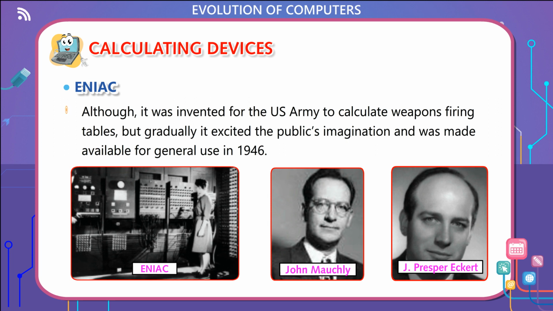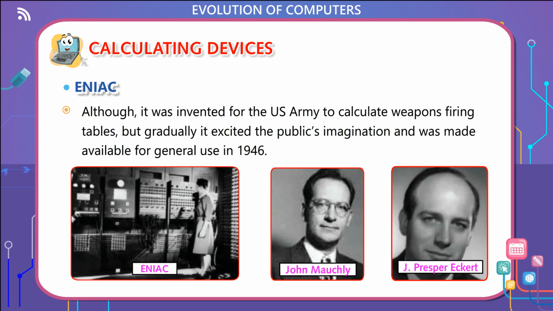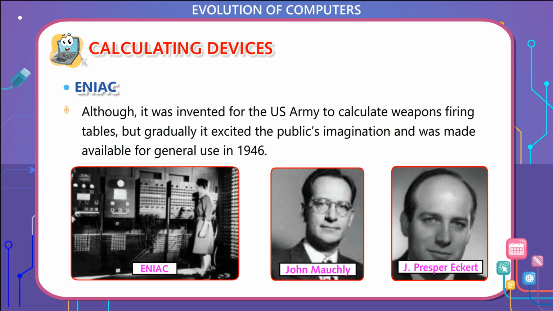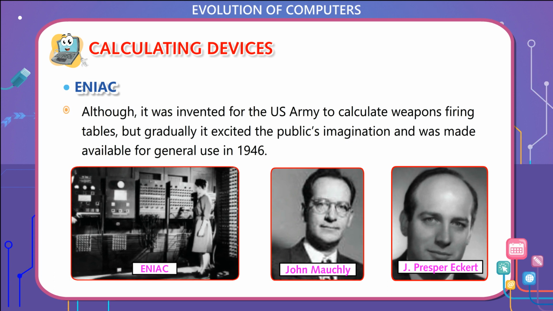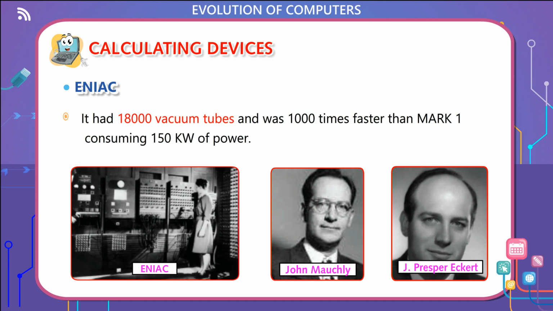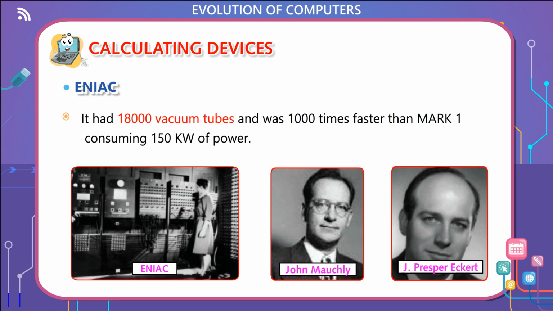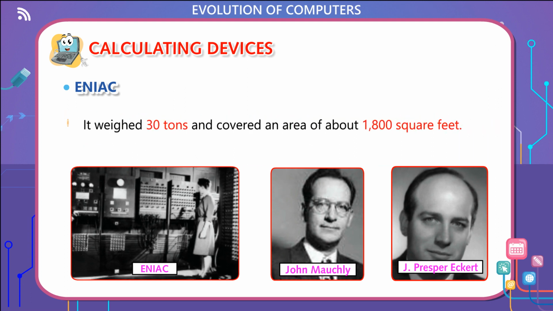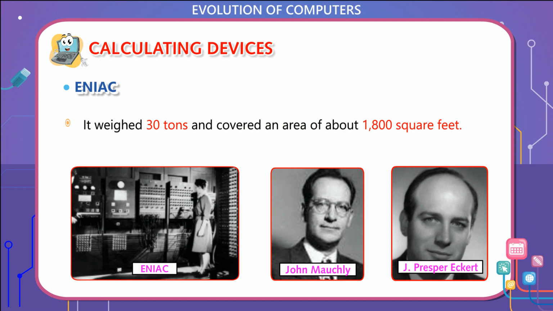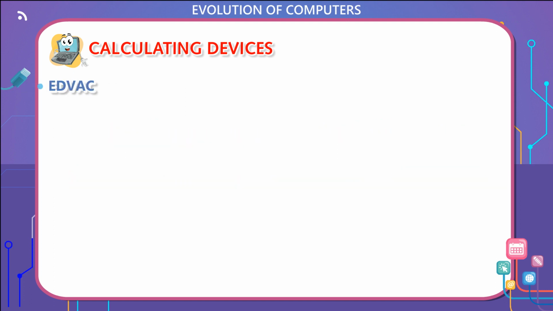It was invented for the US Army to calculate weapons firing tables, but gradually it excited the public's imagination and was made available for general use in 1946. It had 18,000 vacuum tubes and was 1,000 times faster than Mark I, consuming 150 kilowatts of power. It weighed 30 tons and covered an area of about 1,800 square feet.